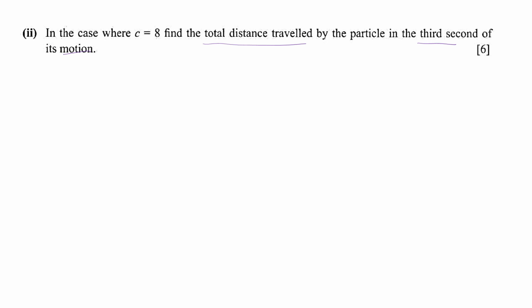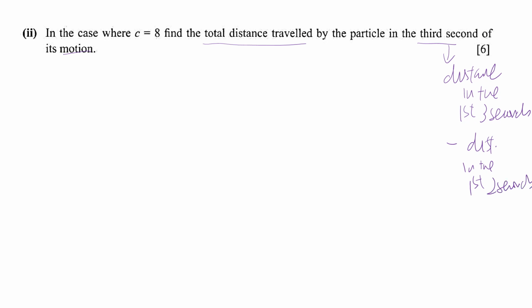That means to find the distance the particle traveled in the third second, find the distance traveled in the first 3 seconds, then minus away the distance traveled in the first 2 seconds.